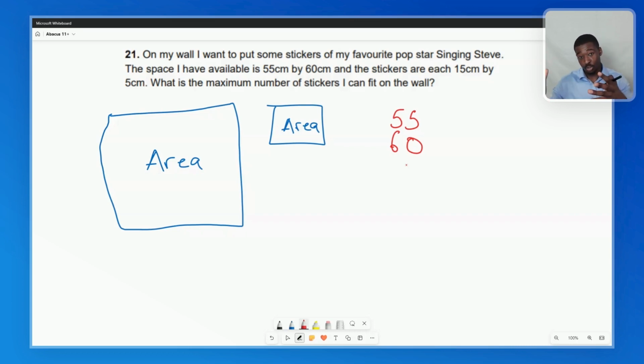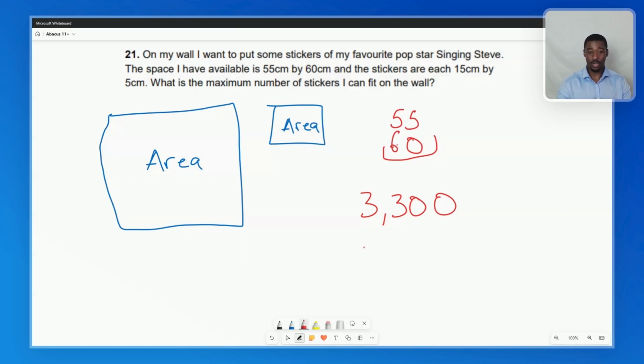So we have the 300 plus the 30, 330. But now, since it's not 55 times 6, but 55 times 60, it's not 330, it's going to be 3,300. So that's the area of the wall using mental maths. I told you it was quicker.